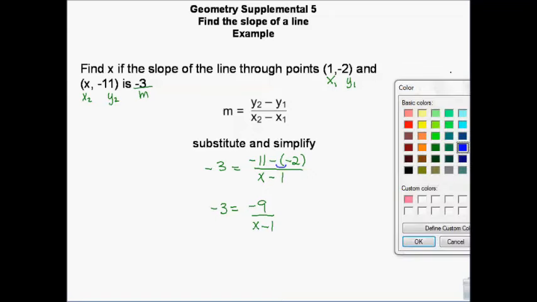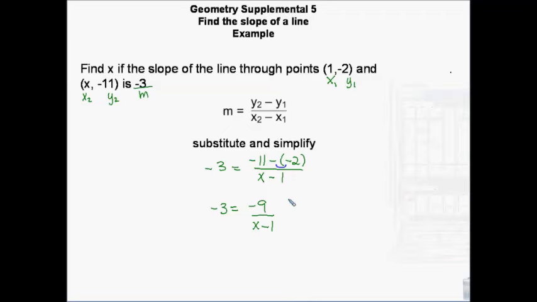Since it's still negative, the 11's bigger, so it stays negative.